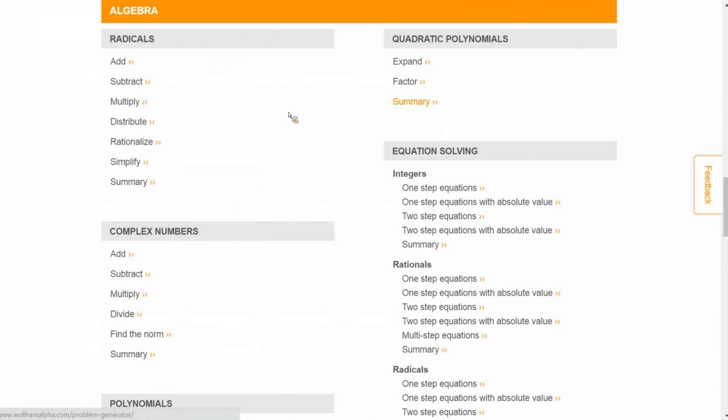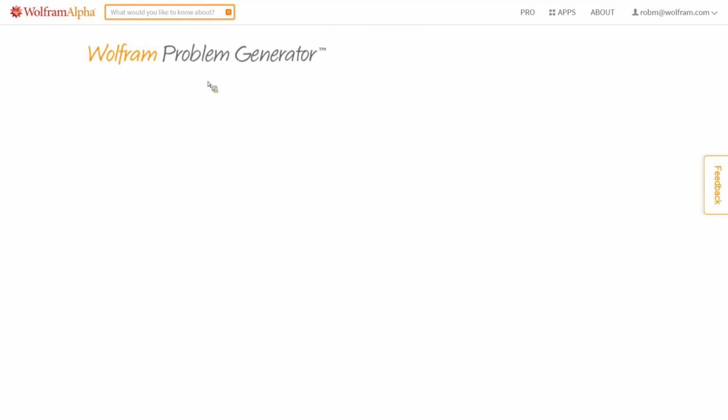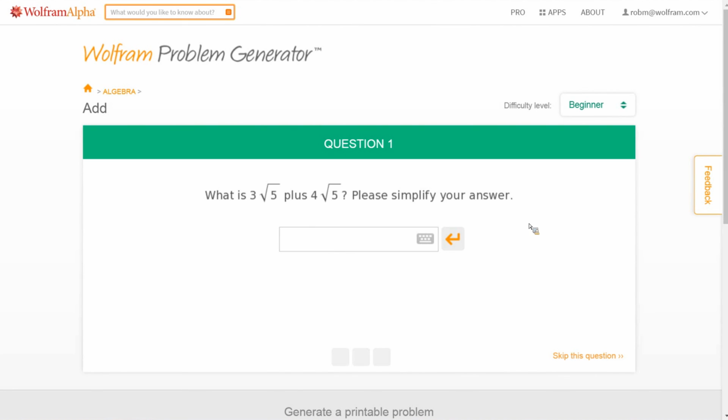The things that are not free are going to be the step-by-step solutions and generating quizzes. But you can send your students here, and if they're having an issue with certain types of problems, and you can identify that it's the math that's giving them trouble, well, send them to the problem generator and make them practice something like this.